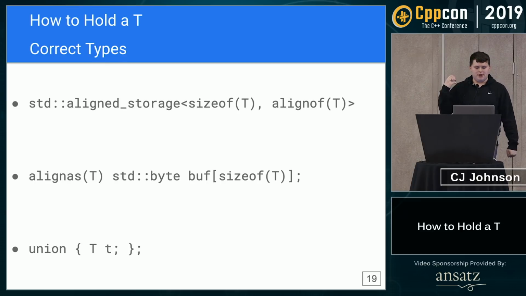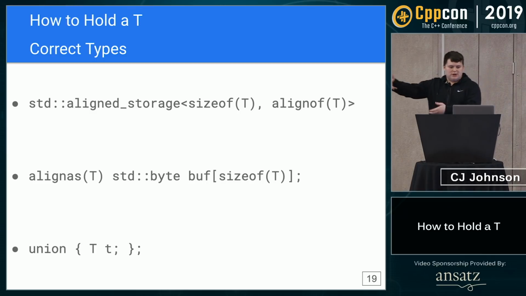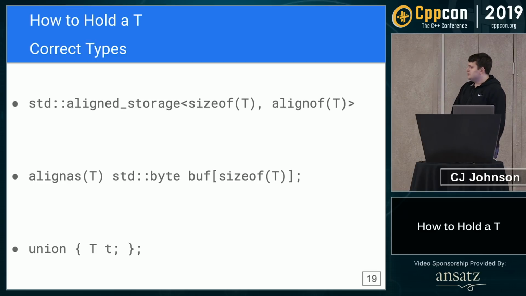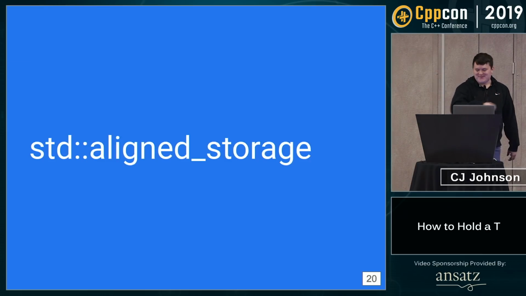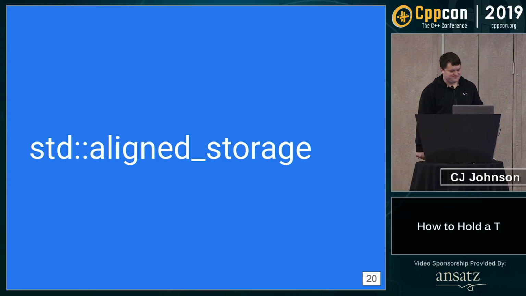They take in whether it's a type or, for align storage's case, a size and alignment, and then they provide you a storage type for T. In addition, we have byte arrays. In this case, I'm using std byte, although you could use char or unsigned char as well as the underlying type. And then finally, we have unions, which I'm sure you've had your fair share of fun with in the past, right? Okay, so let's start by talking about align storage.